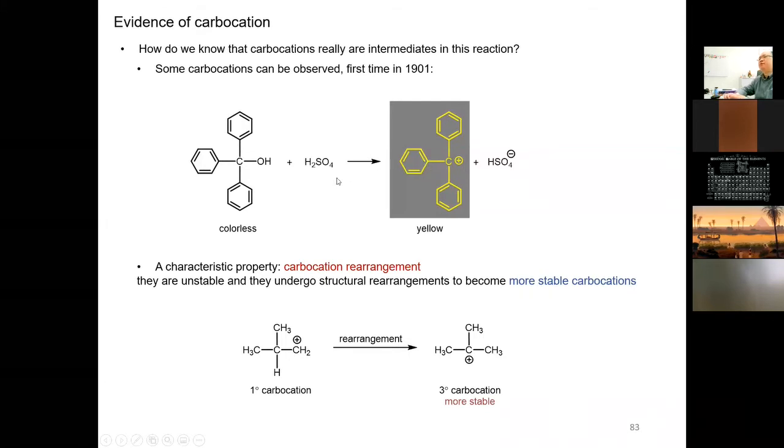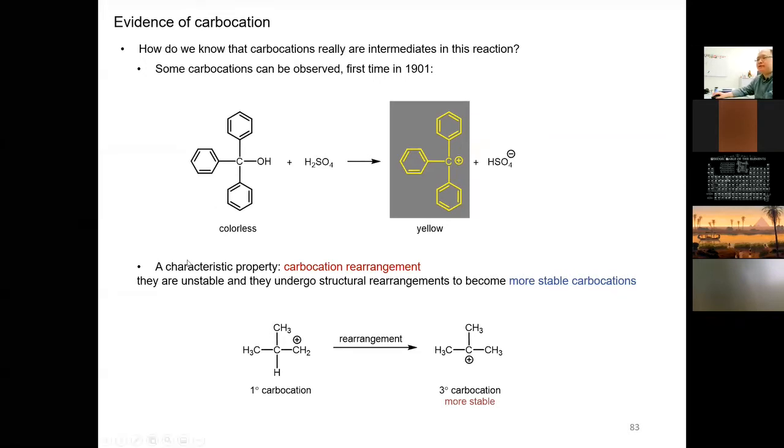Another characteristic property of carbocations is that some carbocations can rearrange. You can start from one type of carbocation and rearrange to another carbocation. The driving force of this rearrangement is usually that the resulting carbocation is more stable than the starting carbocation.